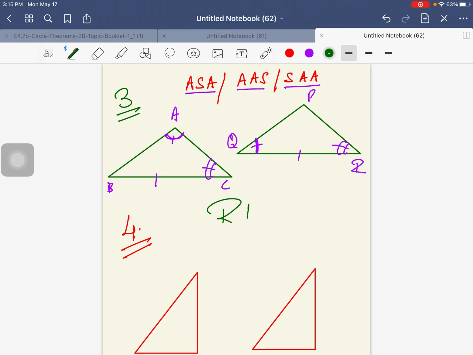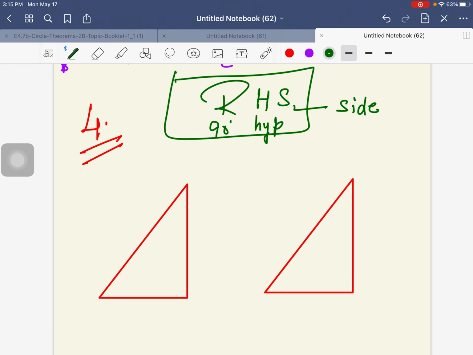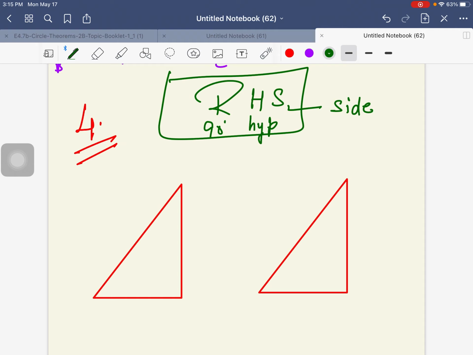This is called as RHS rule. RHS rule means right angle. R stands for right angle, H stands for hypotenuse, and S stands for side. So that means because it's 90 degree right angle, this rule only applies when we have right angle triangles.